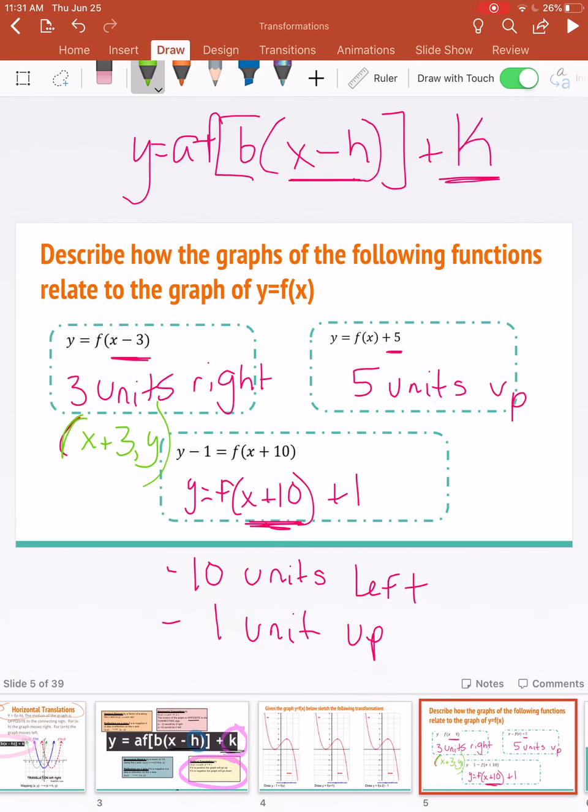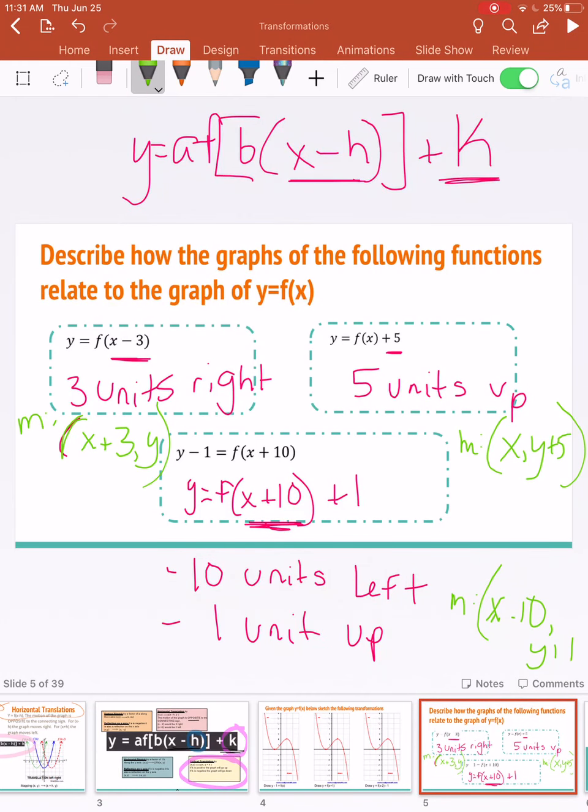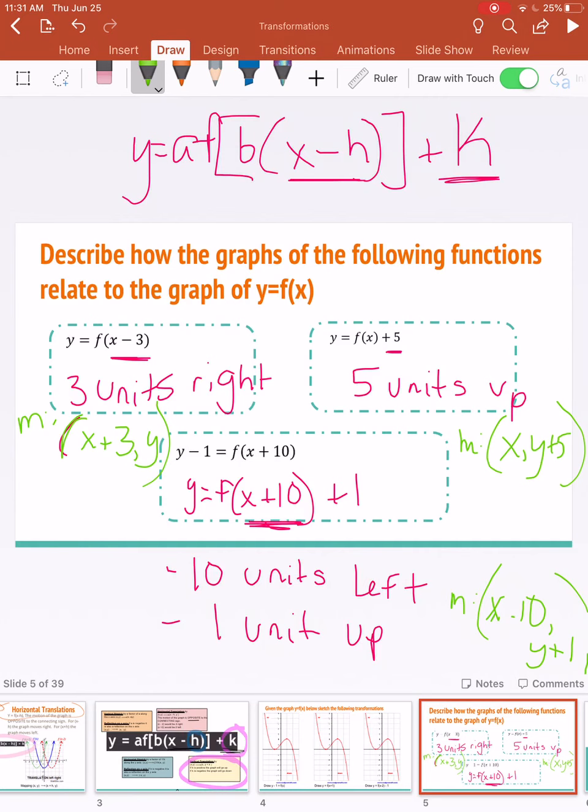Here, x would just stay the same, and for y, you'd be adding 5 because you're moving 5 up. And lastly, you're moving 10 left, so it'd be x minus 10, and your y value would be y plus 1 because you're moving 1 up.